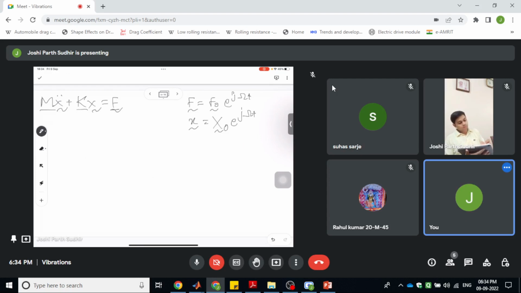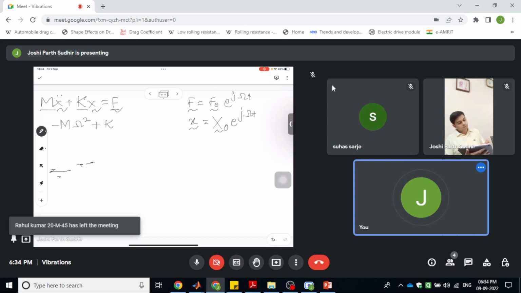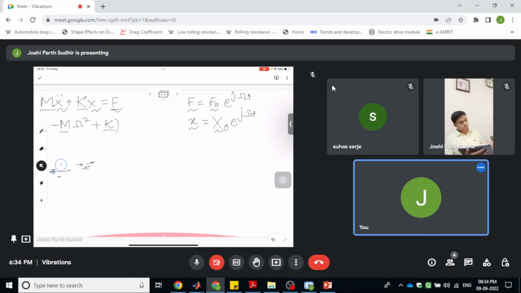then we will get minus m omega square plus k times x naught, so that will be F naught. So e to the power j omega t will be the same on the right hand side and left hand side, so we can just leave it.